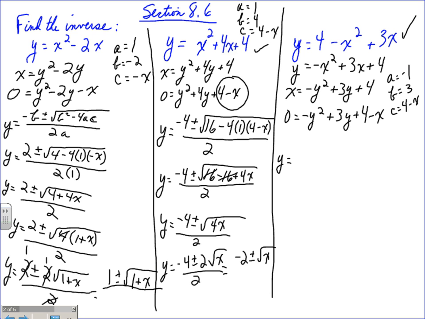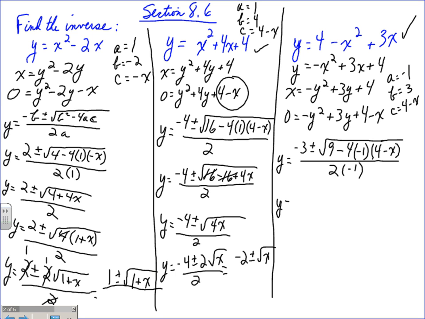All right, so the opposite of b, plus or minus the square root of b squared minus 4ac all over 2a. Okay.